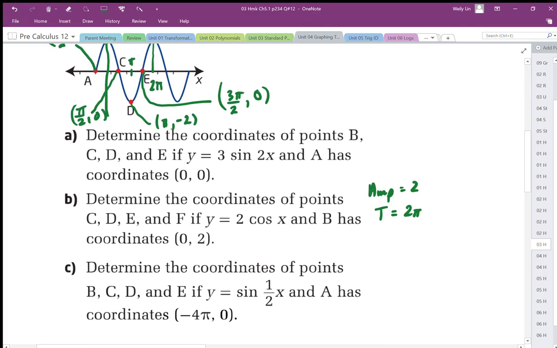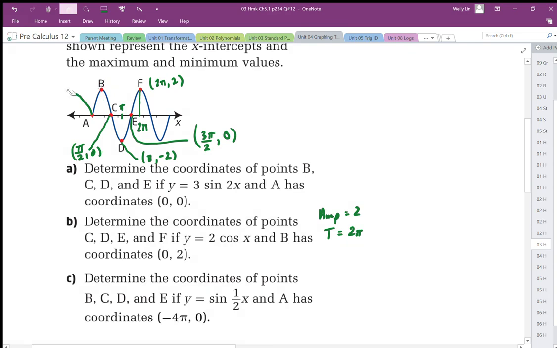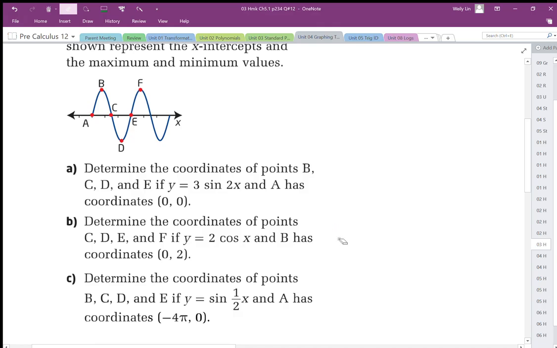And then lastly, if we take a look at the last one, part C, again, we need to take a different perspective here, because although the shape of the graph is generally the same, how it's been squeezed and stretched is different. So it tells us A has a coordinate of -4 pi and 0.